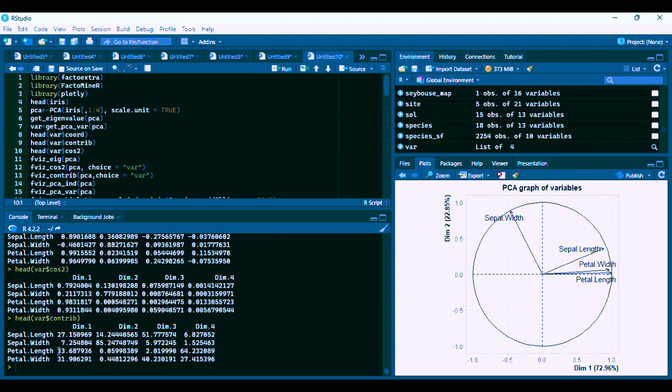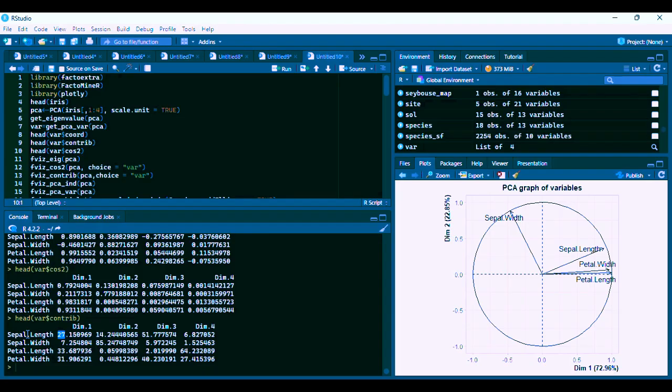So petal length contributes to the construction of the first dimension with 33%, followed by petal width with 31%, and then 27% of the construction of dimension 1 comes from sepal length.